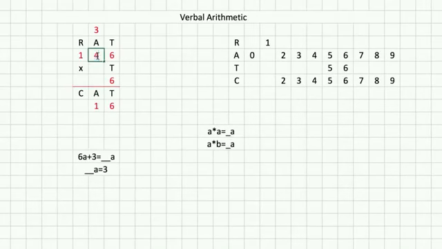If A is 4, 27. If A is 5, 33. If A is 6, 39, which cannot be the case. If A is 7, it will become 5. If A is 8, it will become 1 again. If A is 9, it will become 7 again. So this means that this cannot be 6. Our assumption was wrong, and so the value of T must be 5.